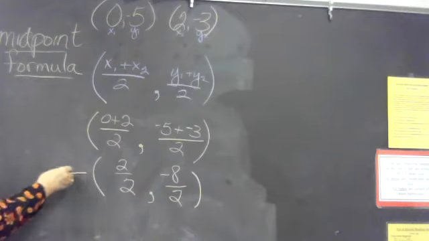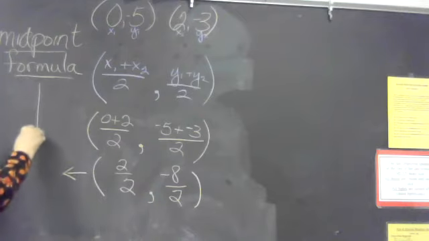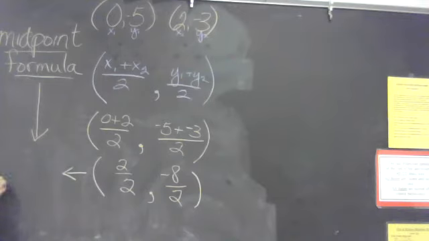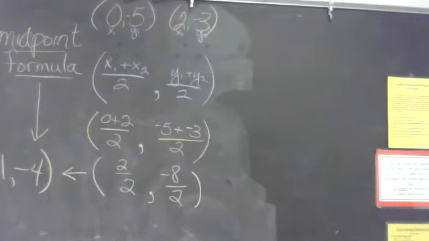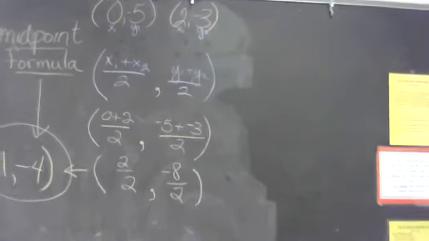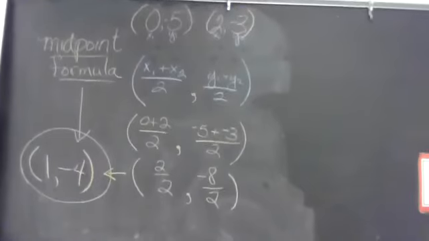And so my midpoint is going to be 2 divided by 2 is 1, comma, -4. That's my midpoint.